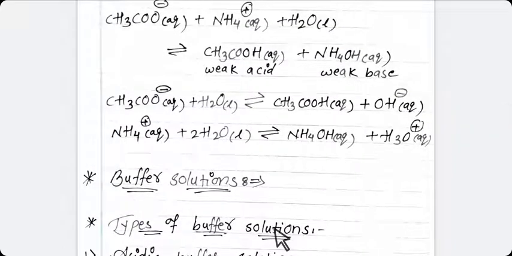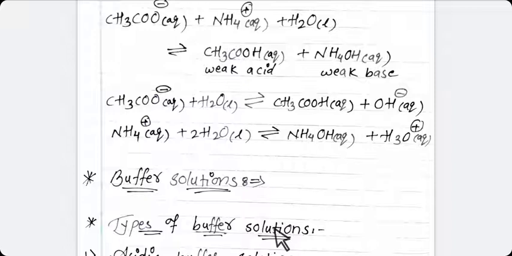Now the next topic is the types of buffer solution. Students, there are two types of buffer solution. An acidic buffer is used to maintain an acidic pH, while a basic buffer maintains an alkaline pH.